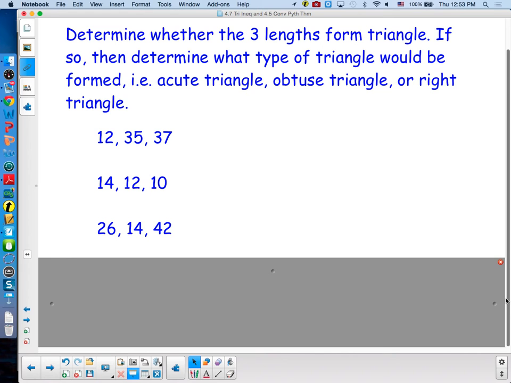Two smaller sides added, longer than the other side? No. Those of you that were showing me a triangle like obtuse, no, check, it doesn't even make a triangle, because 26 and 14 only adds up to 40. So if that other side were 42, it wouldn't reach far enough to connect and make a triangle. So no triangle. Give me a thumbs up or down if you understand that. Understand what I'm saying?